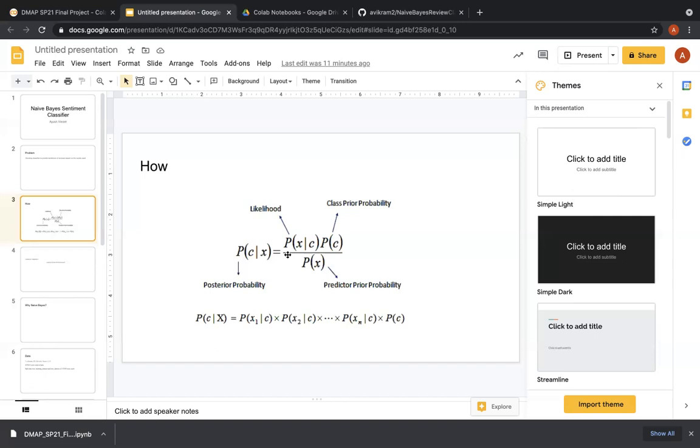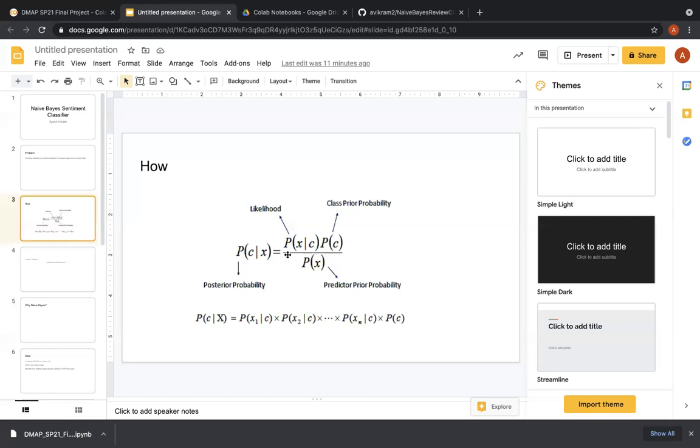To get these prior probabilities, we can use our training data and see what proportion are positive or negative, or maybe we've done some searching online on the product that we're analyzing, and we know that usually 70% of reviews are positive. There are many ways to get this prior probability.